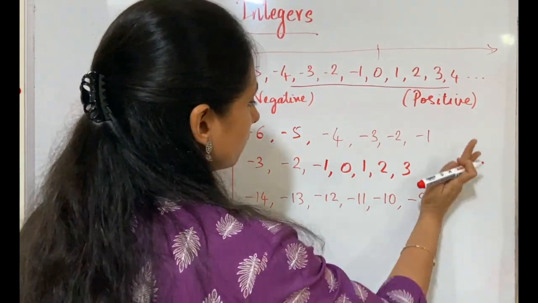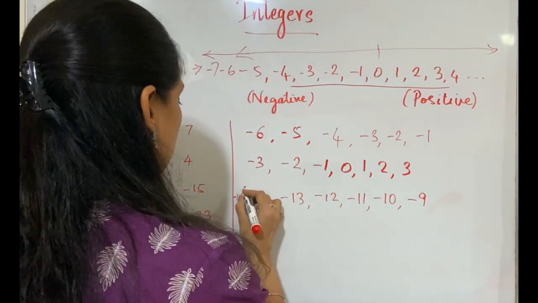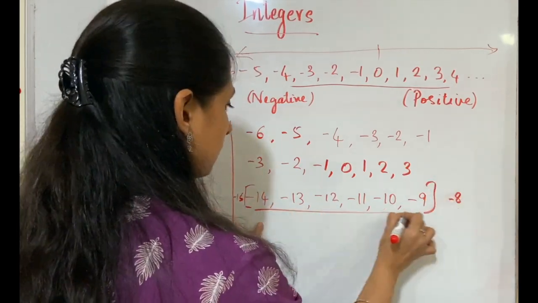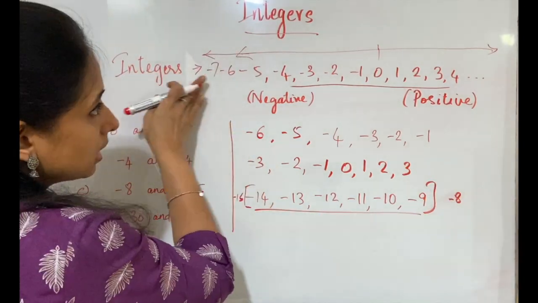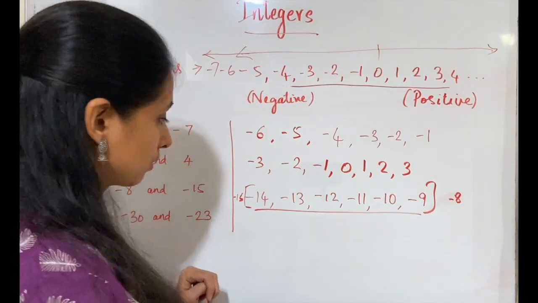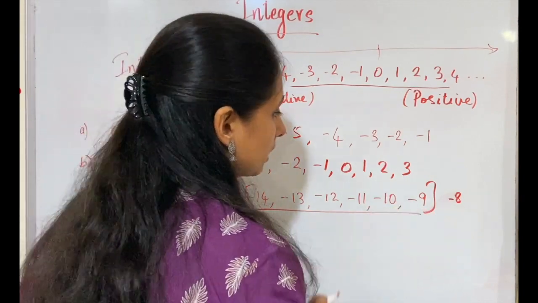I'm not going to write -8. So between -15 and -8, I have these numbers. Okay, you can use the number line when you are feeling confused. Okay, from -15, I'm writing numbers till -8 in the increasing order.